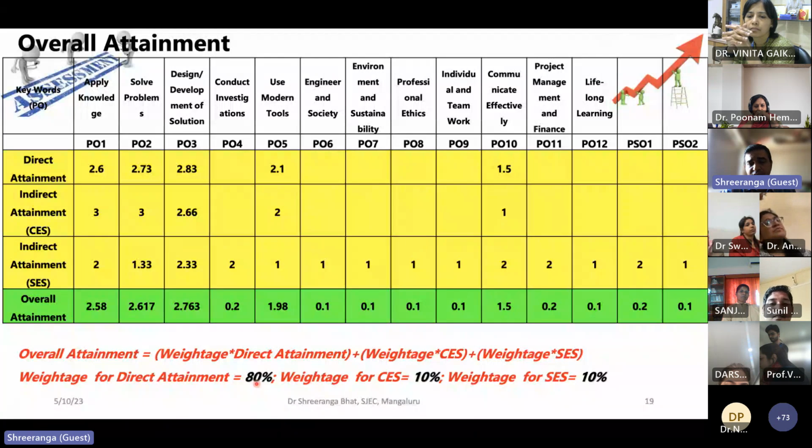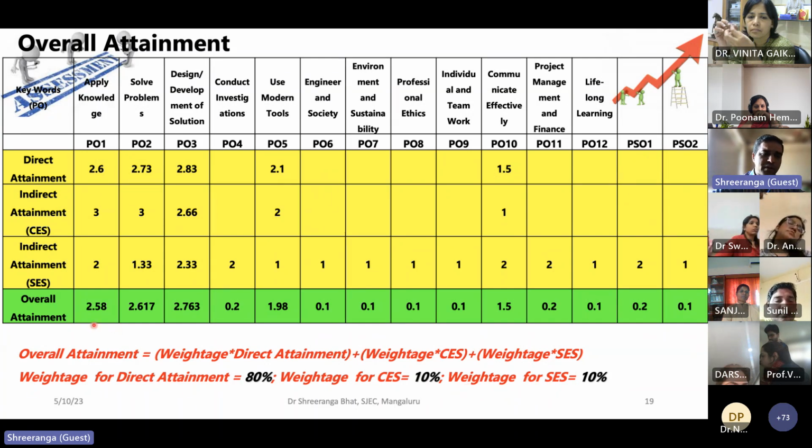Here we have given 80%. The rest of the things should be accommodated within 20%. So if there are two surveys, you can give 10% each, or 15% and 5%, or if you have a graduate survey and some other surveys, you can say 5% each. But altogether, the thumb rule is not more than 20% for the indirect measures.